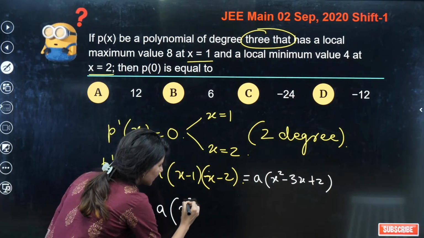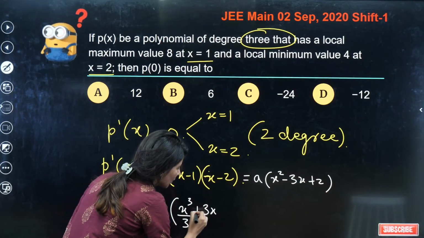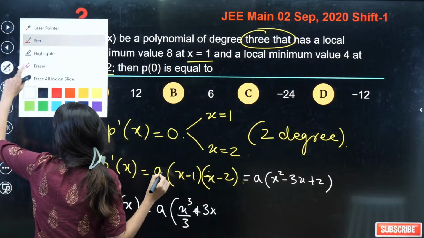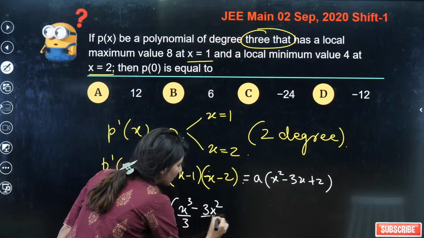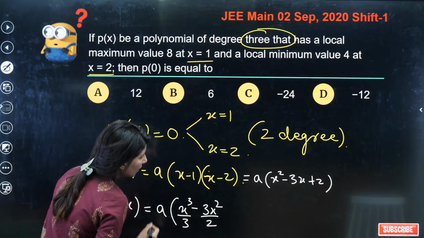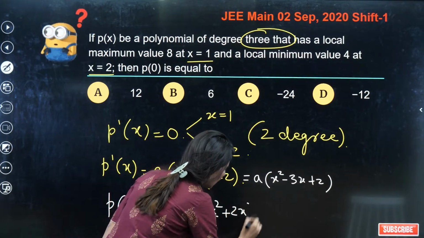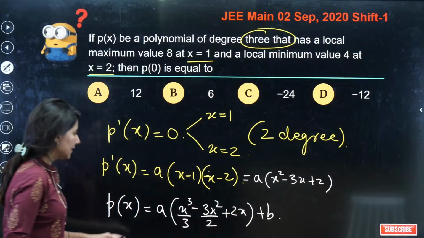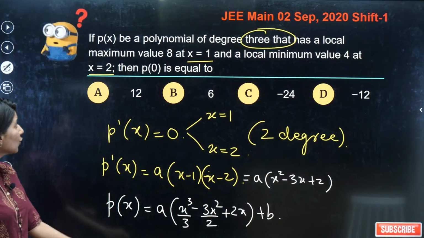So it is going to be x cube by 3 minus 3x square by 2 plus 2x plus b, right? This is your P(x), okay, alright, this is your cubic equation.